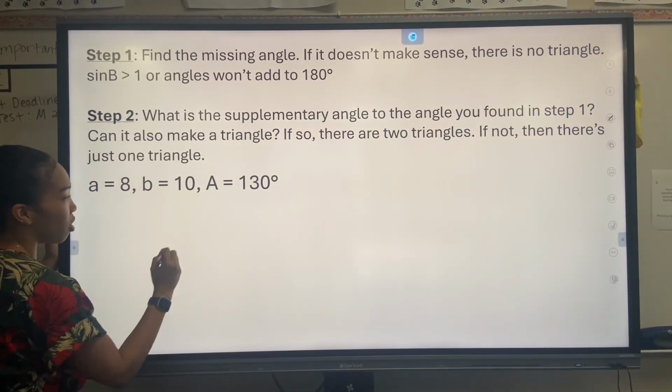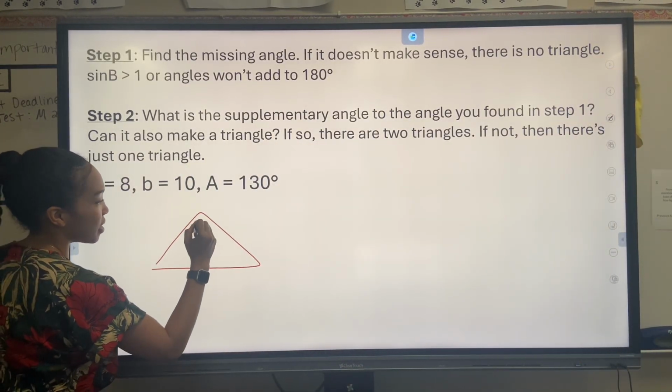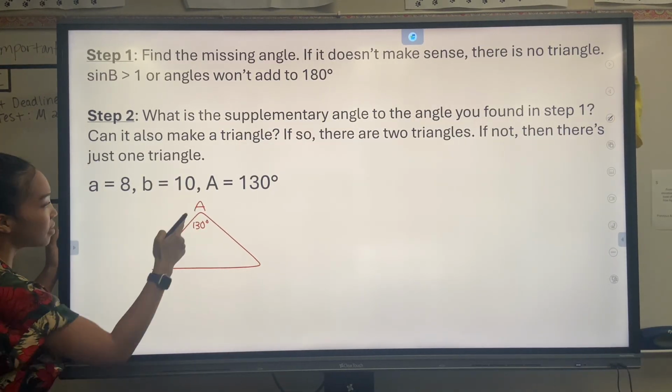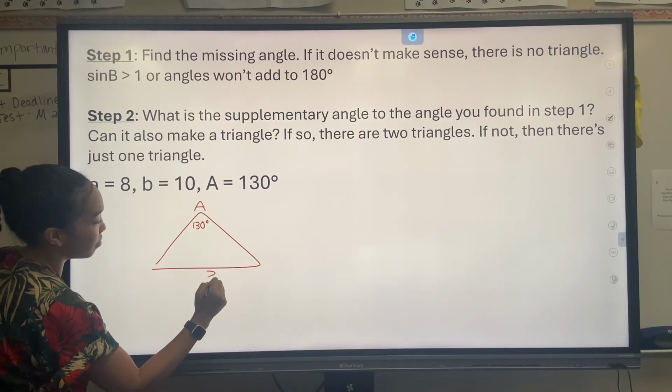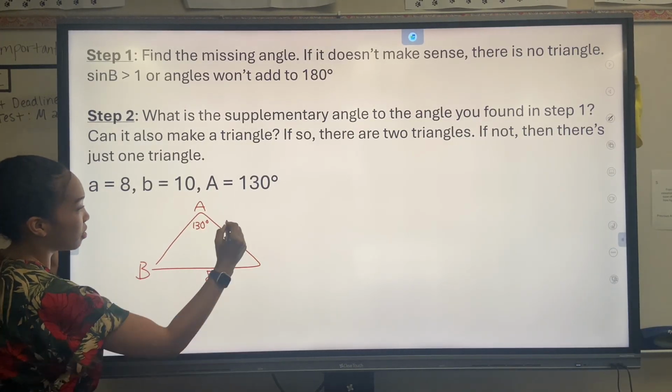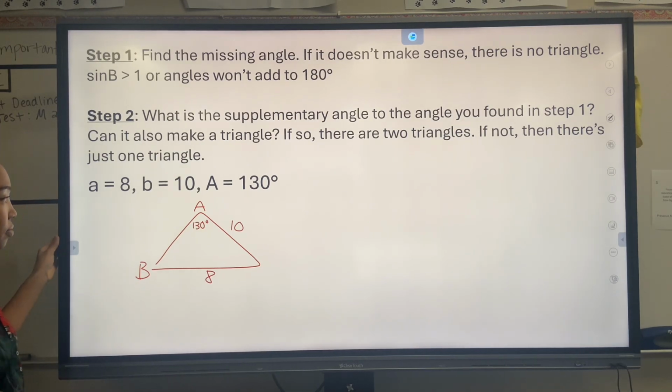I'm gonna go ahead and draw it. I'm gonna say that this is 130 degrees, and then side A is 8, and I'll just call this side B, which is 10. Okay. So I'm gonna use law of sines.